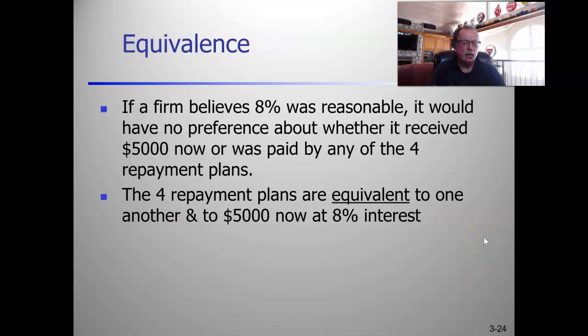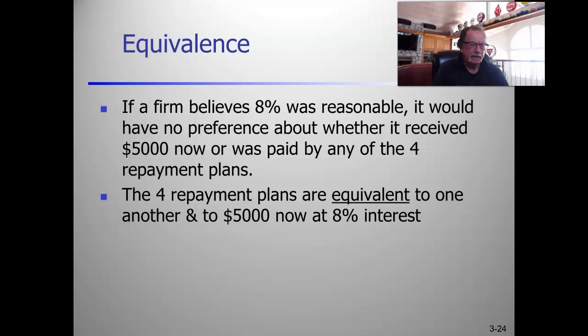So this is what equivalence is. If a company thinks 8% is a reasonable interest rate, it would be indifferent between any of these 4 repayment plans. Each repayment plan is equivalent to another.